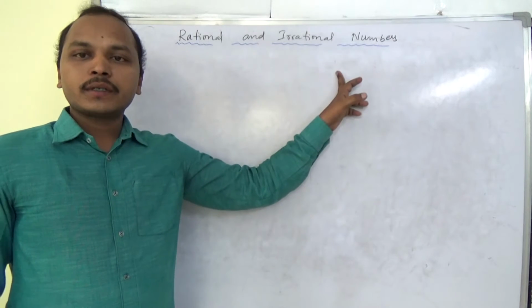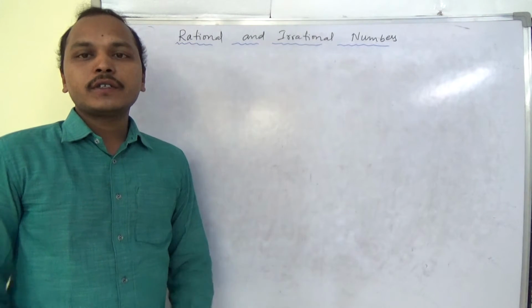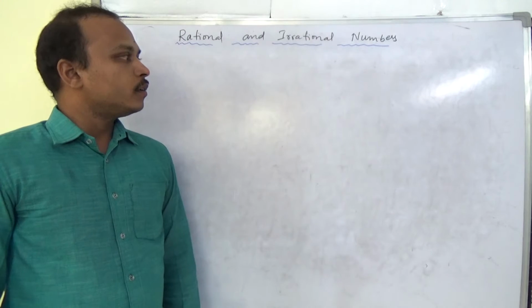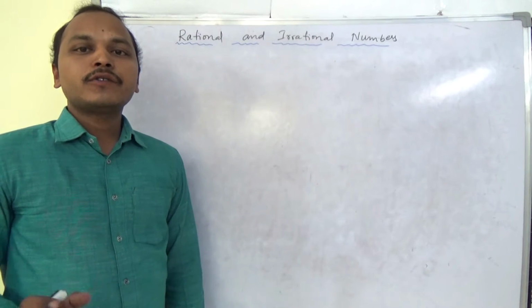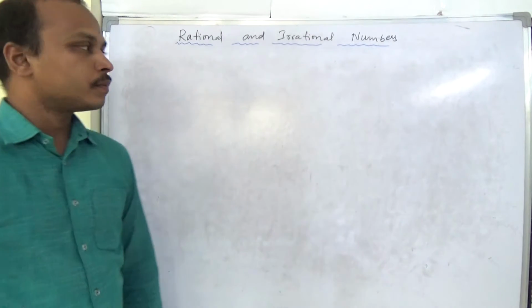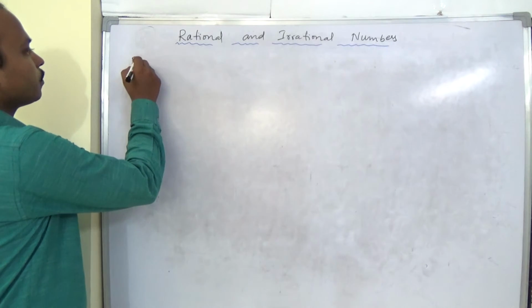Rational and irrational numbers. In this chapter, now we'll see finding rational numbers between any given rational numbers.